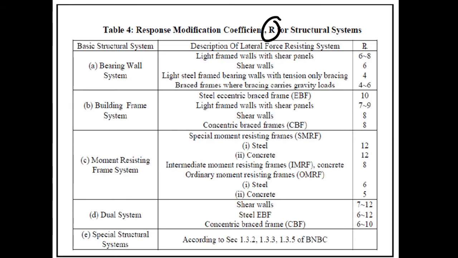So here we can see the table for R. If the system is a bearing wall system, then the value will depend on the conditions given here. Normally we use moment resisting frame system for our structures, so depending upon the material we will get the values from here as well.